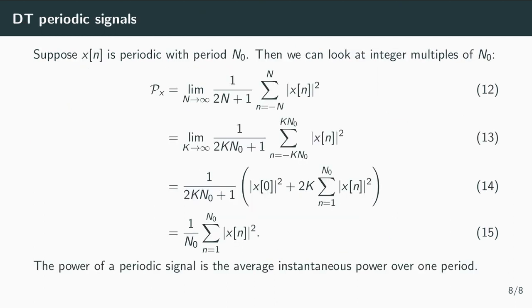Okay. So we can do the same thing with a discrete time signal. If we have a periodic discrete time signal, it's a little bit messier, but we can look at integer multiples of n naught if the period is n naught. So we're going to look at minus k n naught to k n naught, and so we're going to get 2 k n naught, plus 1 because of x of 0.